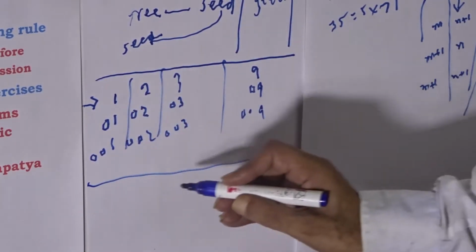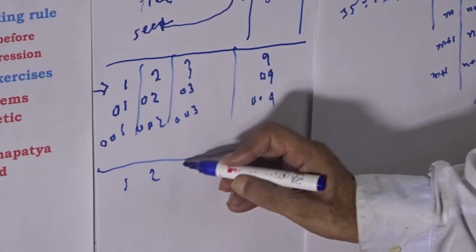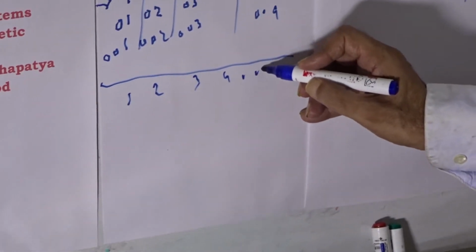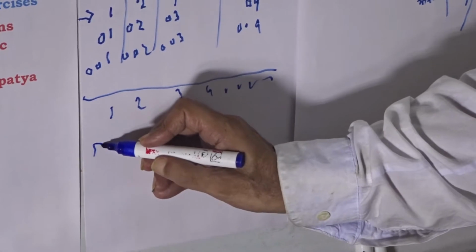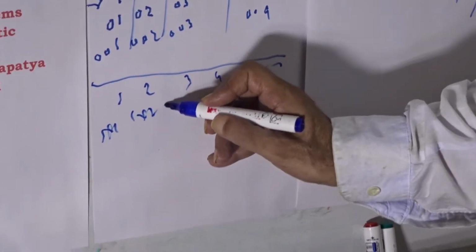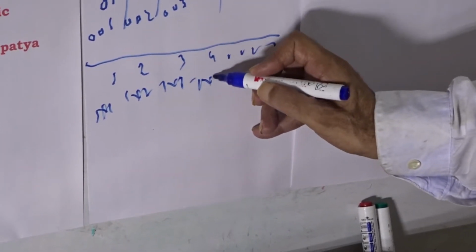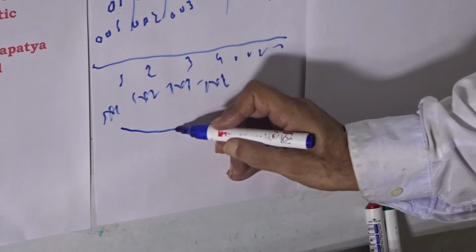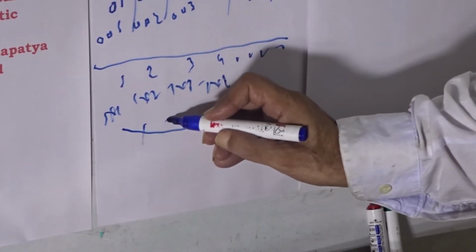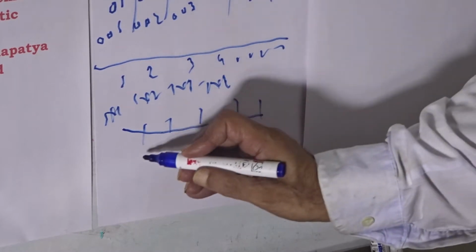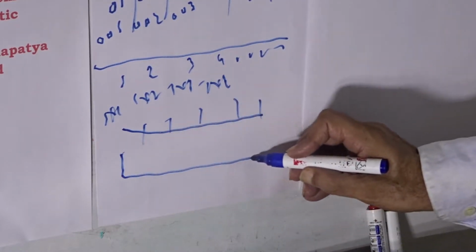Still ahead, we can have 1, 2, 3, 4 and so on, and then we can have 1 into 1, 1 into 2, 1 into 3, 1 into 4. Here, while in the first we are having linear units, we can simultaneously have an area unit.